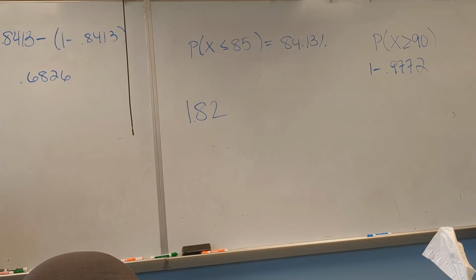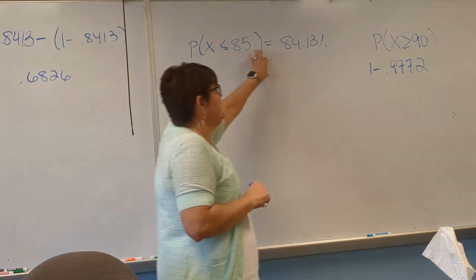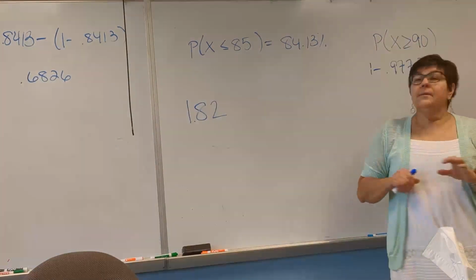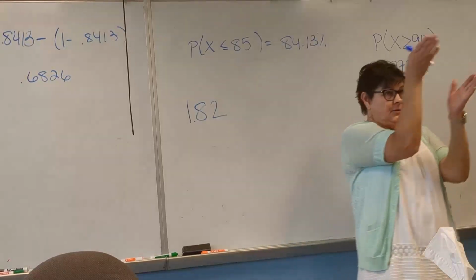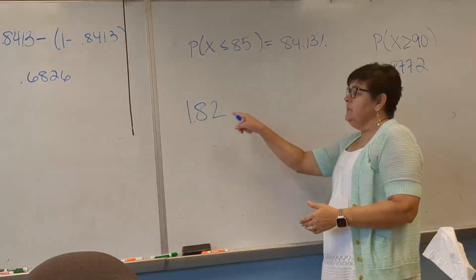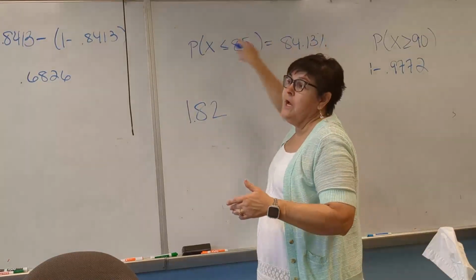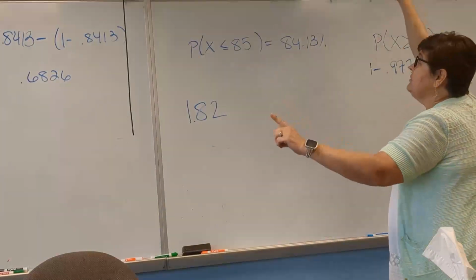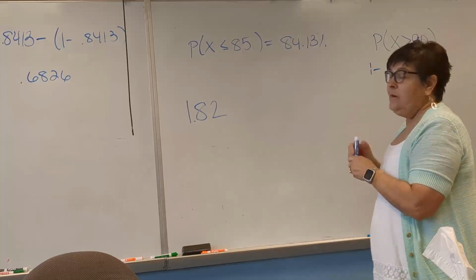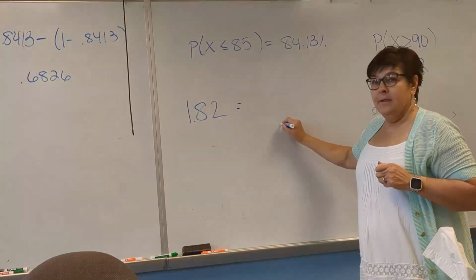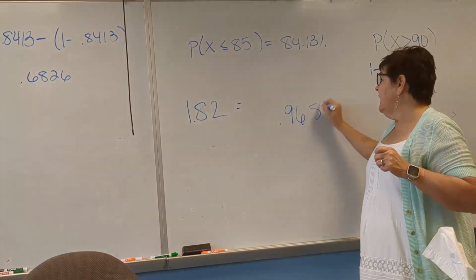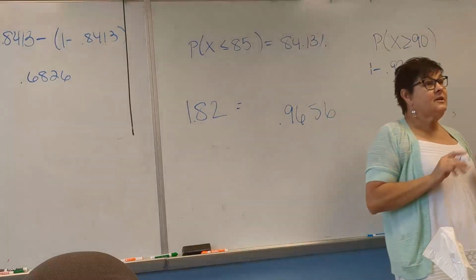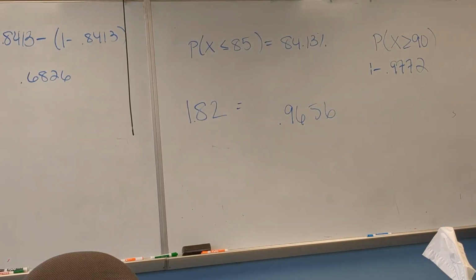Now, across the top there are a set of numbers, right? The 1.8 are your first 2 digits in that first column. The 2, you're going to go across the top and look for where the 2 happens. So you go from 1.8 and the 2 and they come together. Where do they meet? That is the percentage of 1.82.